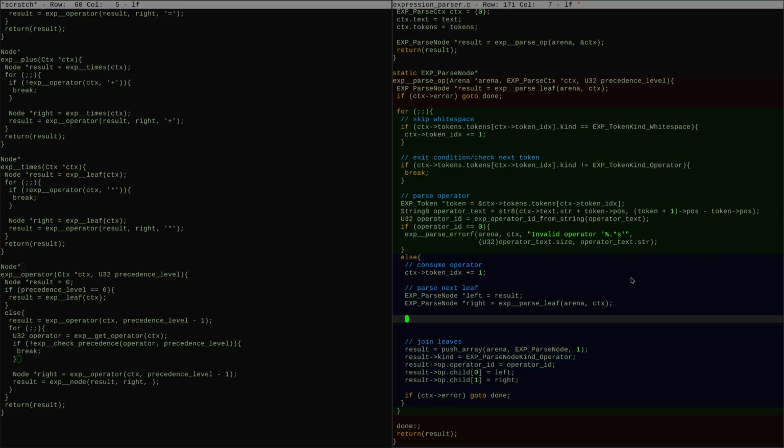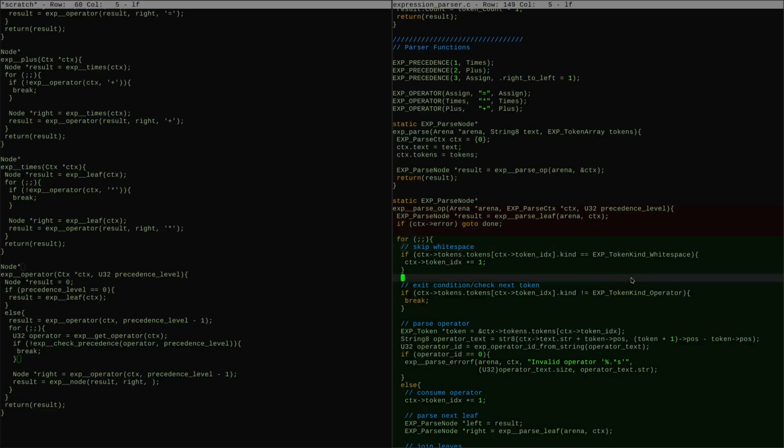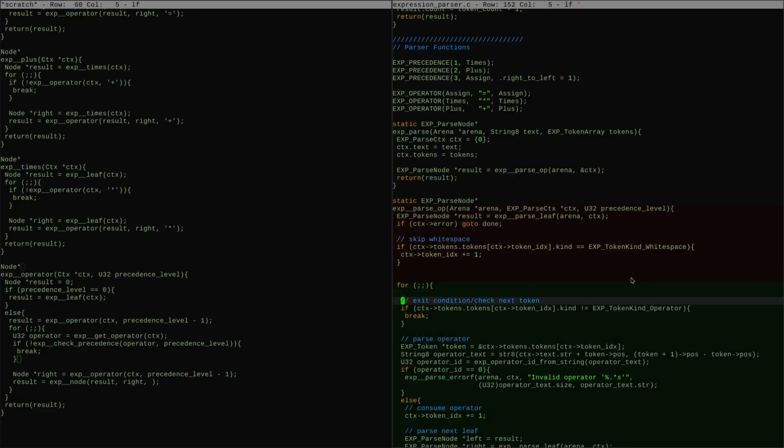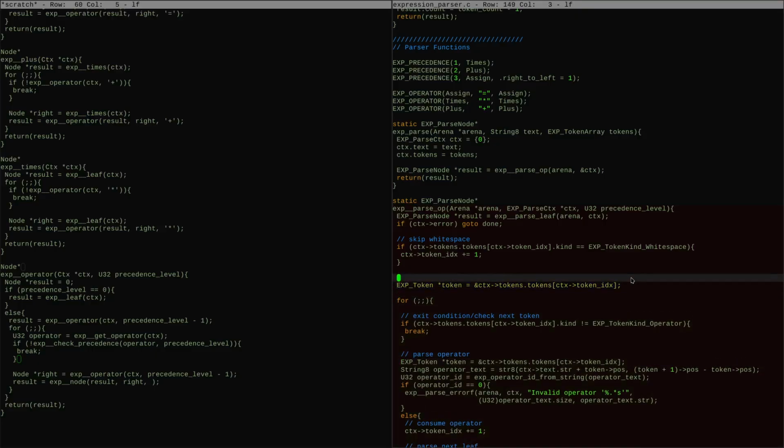Okay, so let's see what we're doing here and how far off it is. Parse op, first thing it does is get a leaf. Skip white space. Then it needs to check if it has an operator. So why don't we take a look at the token that comes up next.